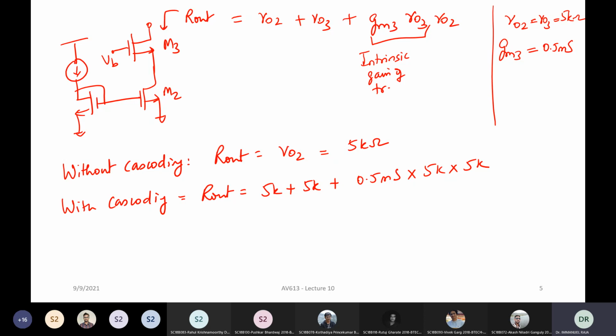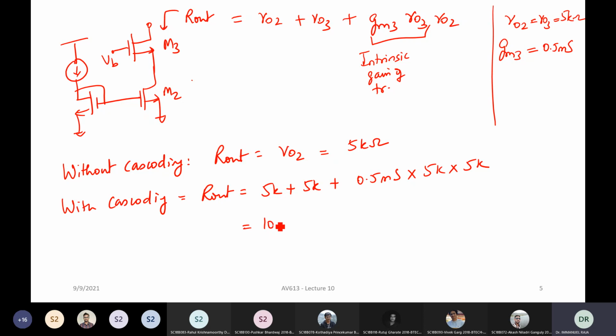We will look at it probably in next week's classes when we start looking at common source and so on. This GM R0 product is called the intrinsic gain. So in other words, what is happening is you have the R out as the sum of the two R naughts plus the R naught of the bottom transistor multiplied by the intrinsic gain of the top transistor.